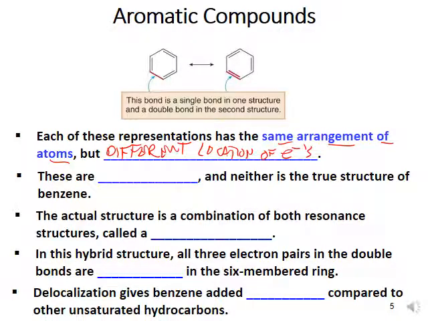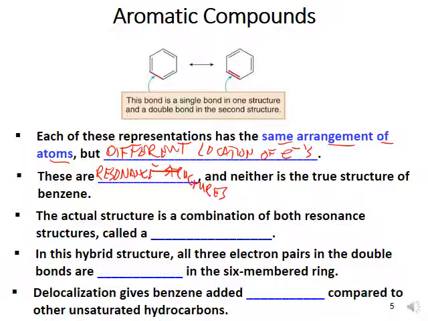And if it has a different location of the electrons, but all the atoms are in exactly the same place, that's what we call a resonance structure, in which all we do is flip around the electrons, move the electrons around.